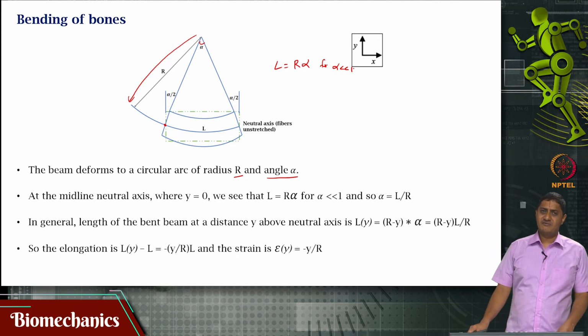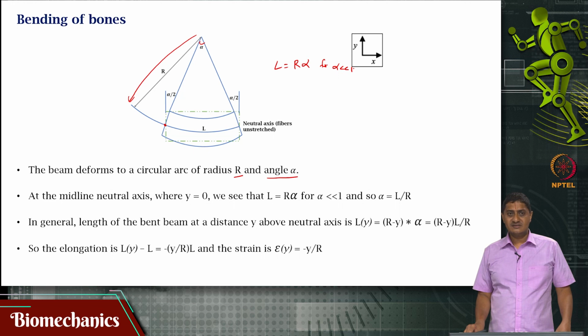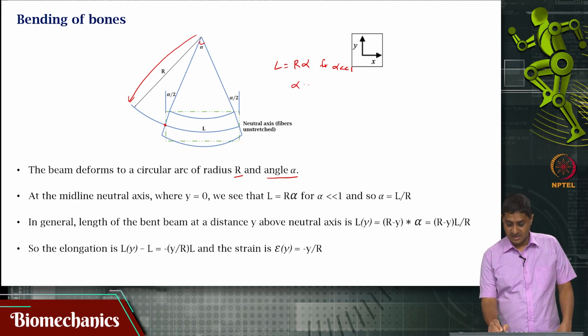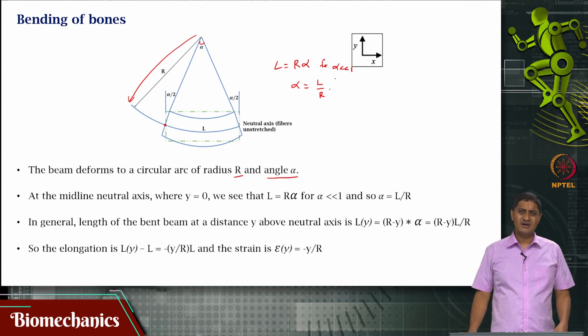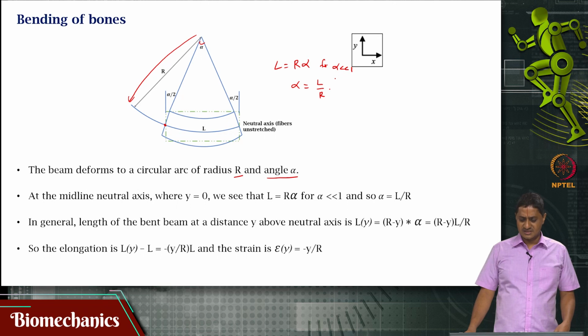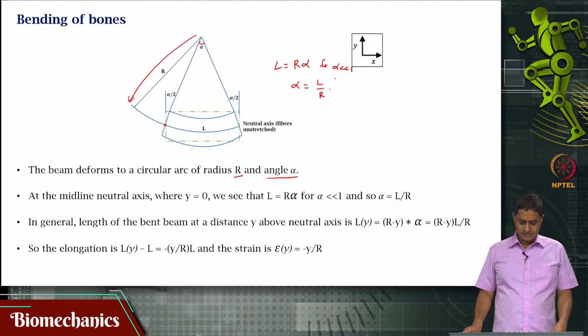For very small values of alpha, that length L is actually r alpha. So, that means alpha is L by r for small values of alpha, and this is true, right, because the beam does not bend a lot, the values of alpha are very small, much less than 1 radian.